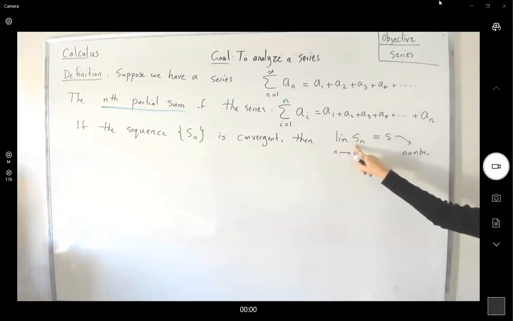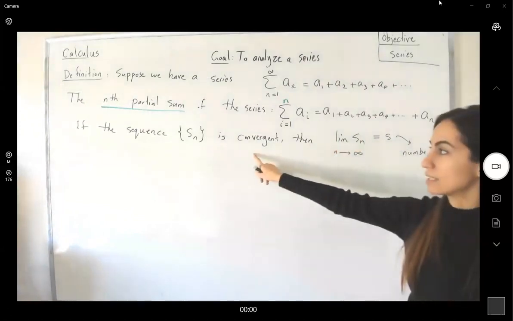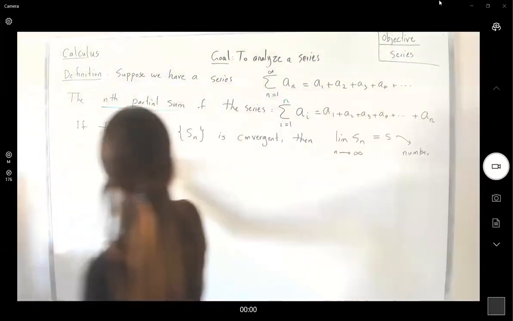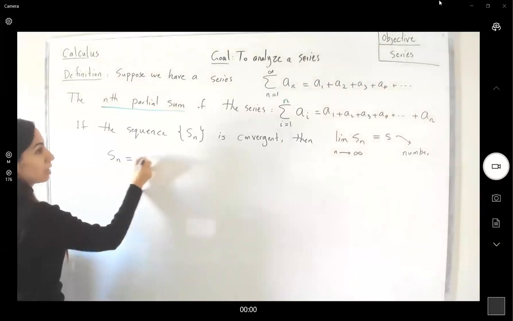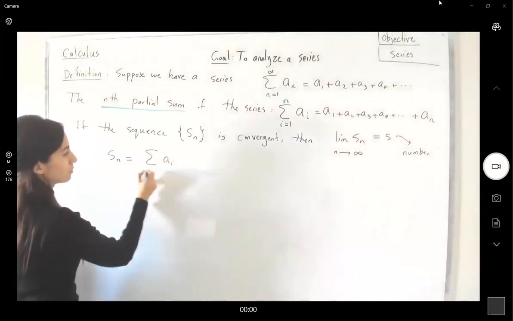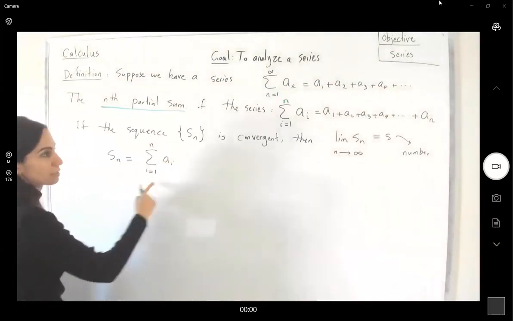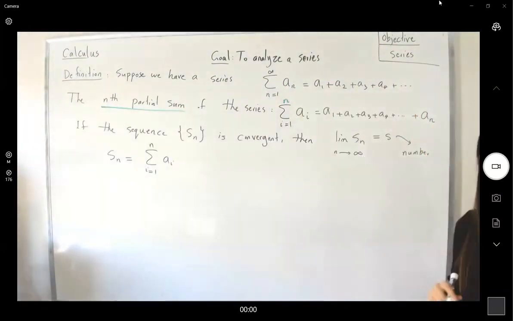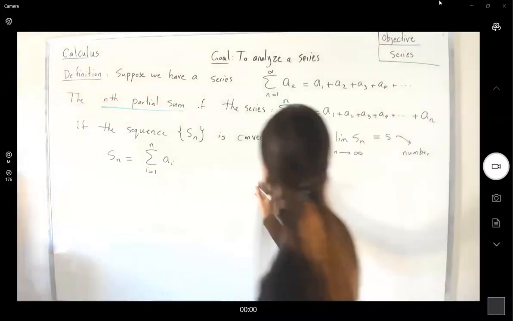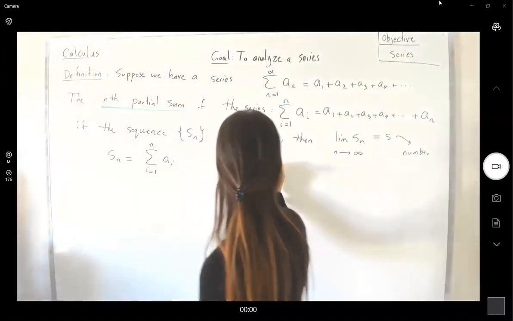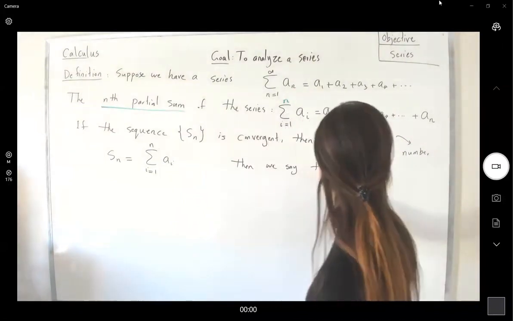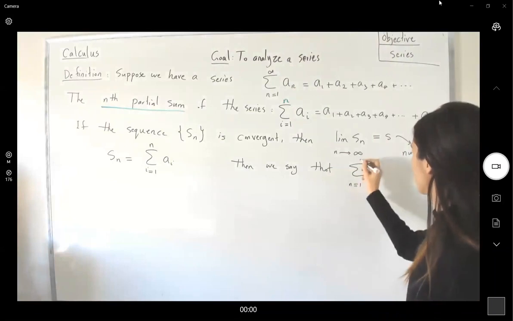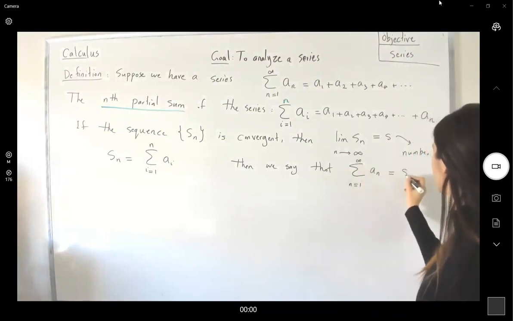What is S sub n? S sub n is the nth partial sum. If the sequence S sub n is convergent, then we say that our original infinite series, the sum a sub n, n starts from 1 to infinity, is convergent.